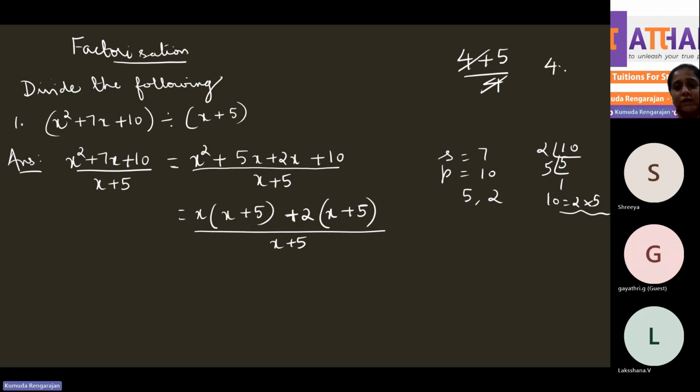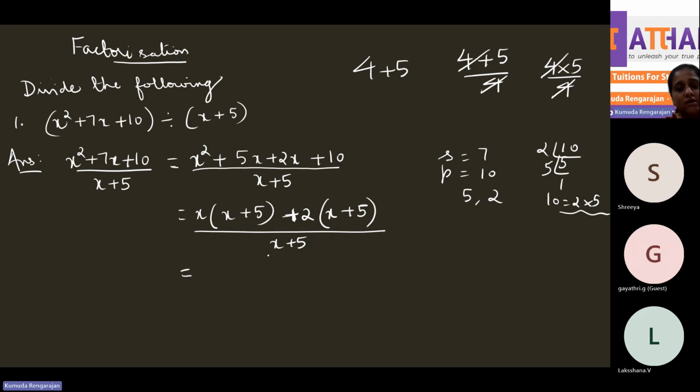But if it is 4 into 5 by 4, when it's a product, then you can cancel out 4 and 4. Here in the numerator, it is x into x plus 5 plus 2 into x plus 5. So it's an addition of two expressions in the numerator, like 4 plus 5. So you cannot cancel x plus 5 and x plus 5.